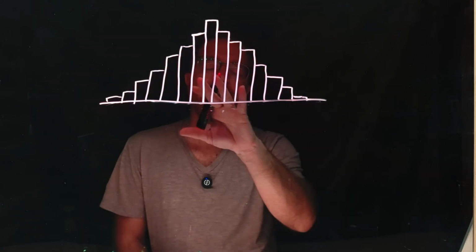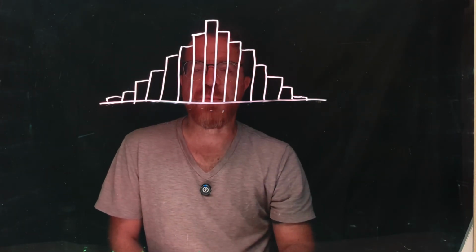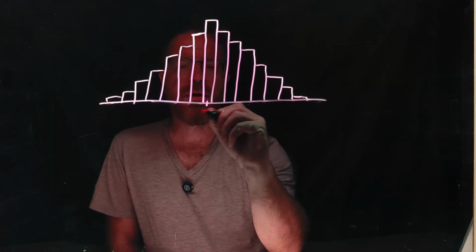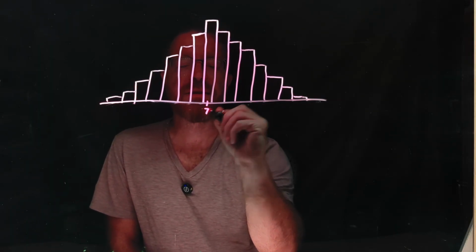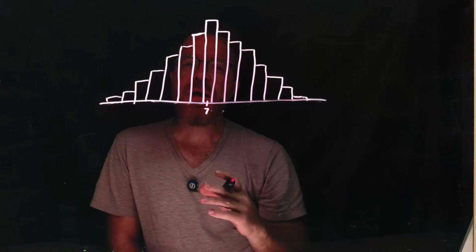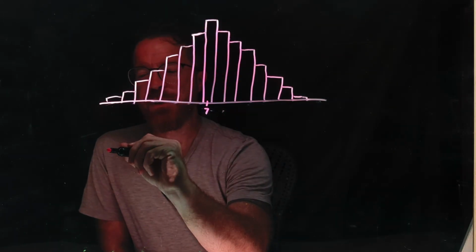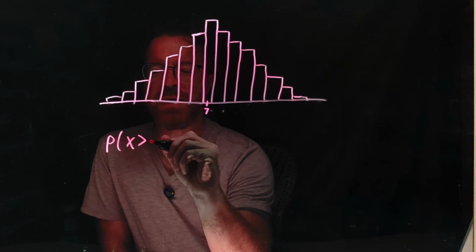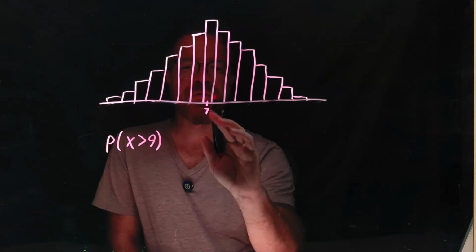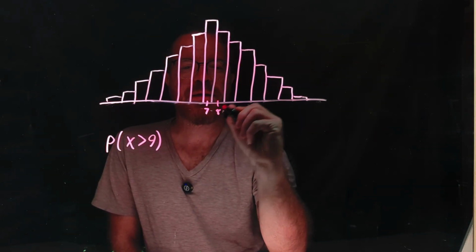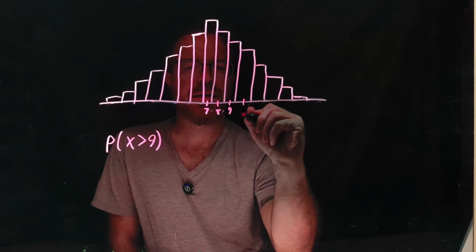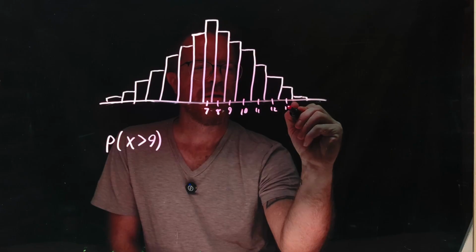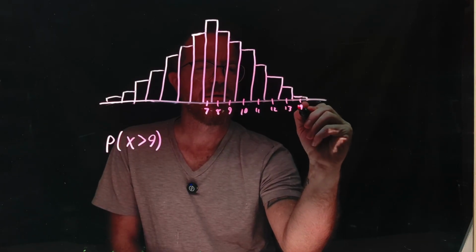Let's say that this graph here represents our binomial probability. And we'll say that this value here, if I did n times p, I would get 7. Now, if I were to find, using a binomial, the probability that x is greater than 9, let's say, if this is 7, this is 8, this is 9, 10, 11, 12, 13, and 14.